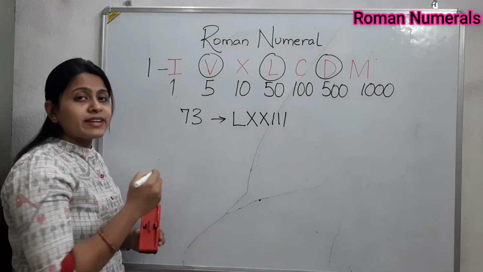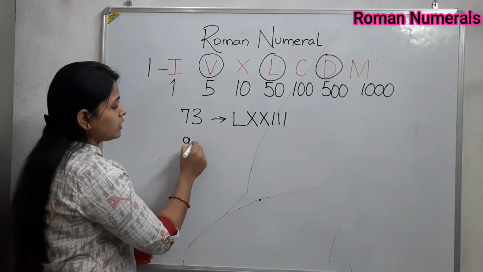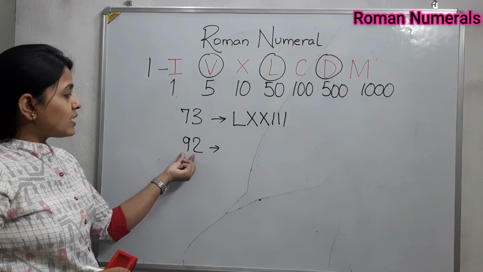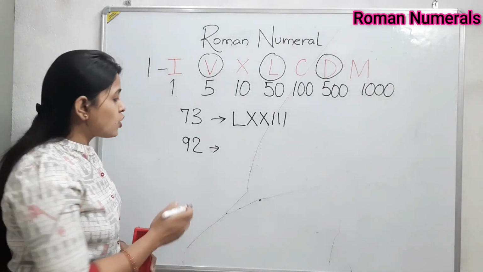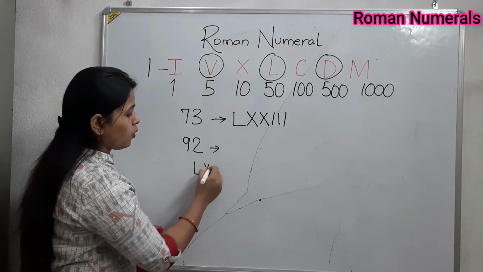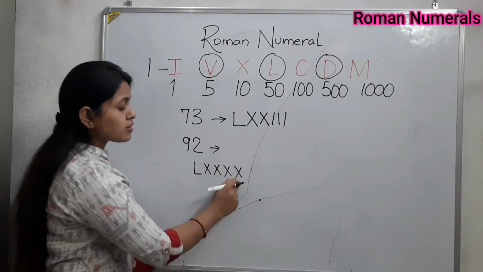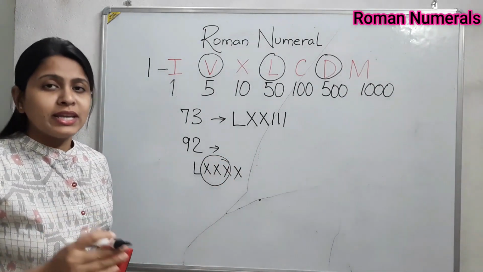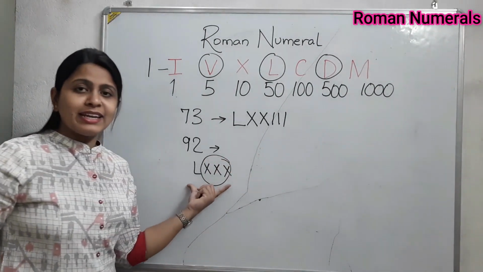Like if I have to write 92. What does 92 mean? We cannot write 90 as L, which is 50, and then X four times. This is not 90. Why? Because X can be repeated only up to 3 times. So for 80 it is fine.